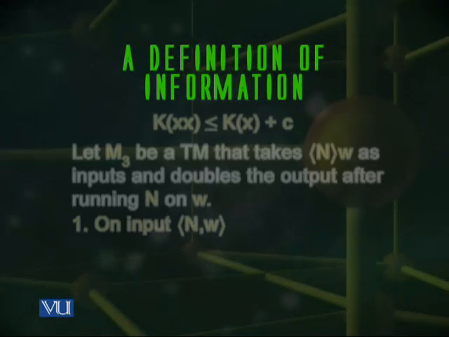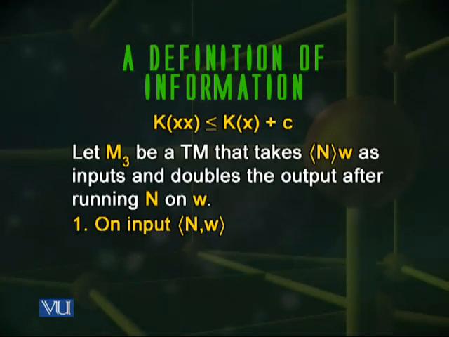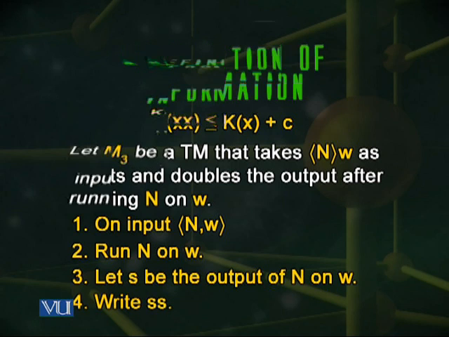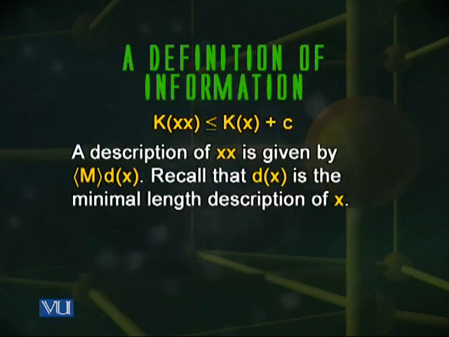So the formal description of the Turing machine M is: on input n followed by w, run n on w, and let s be the output of n on w. Now print ss on the output tape. The description of xx is now given by M followed by the description of x.